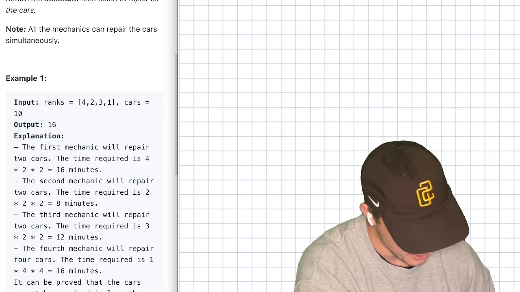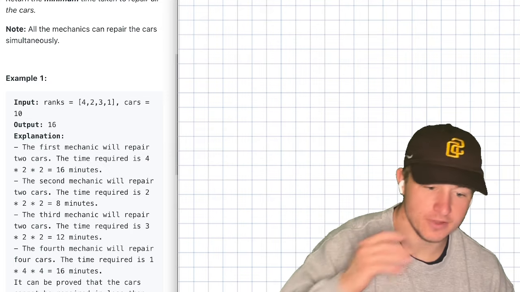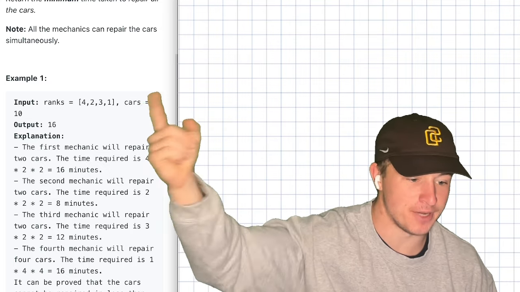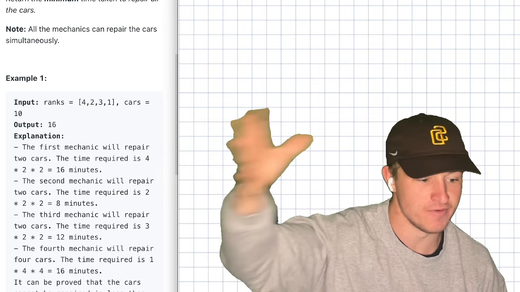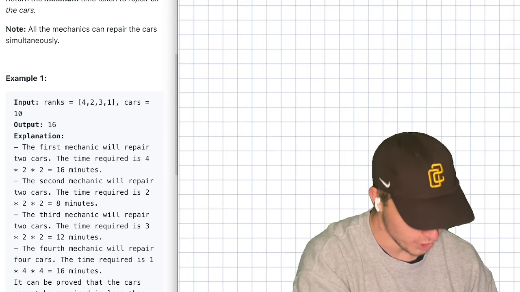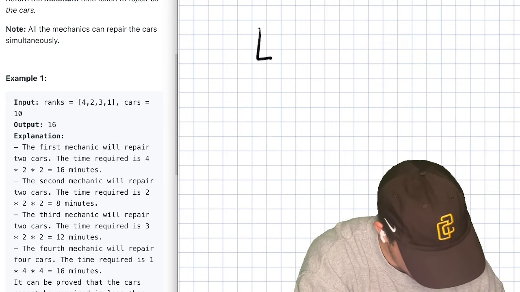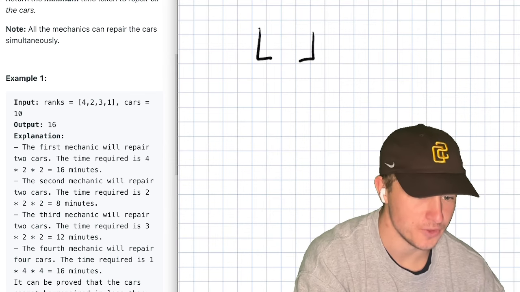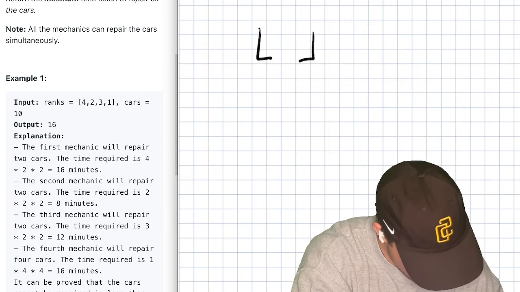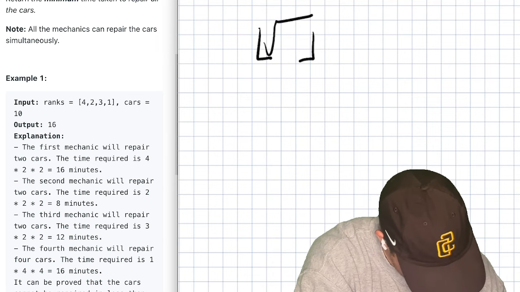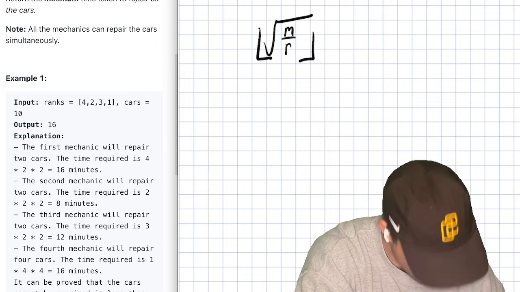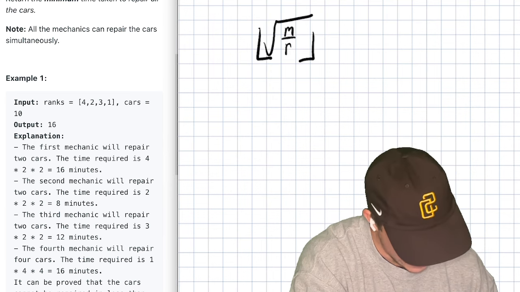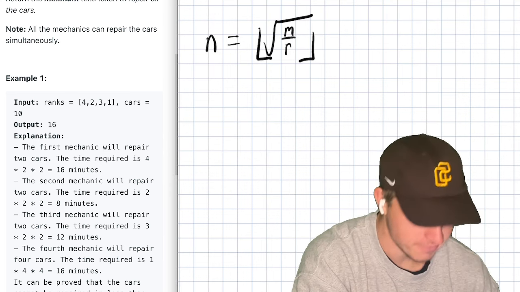Basically, we need to figure out if the time's good, how many cars each person can fix. If the sum of all that is greater than the number of cars needed, then we're good. And we need to do the floor divide because you can't fix 0.3 cars or whatever. So it's the floor of the square root of m over r. That's the number of cars each mechanic can fix.